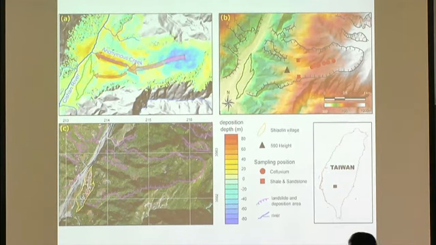From here you can find that the negative deposition is almost 80 meters deep.